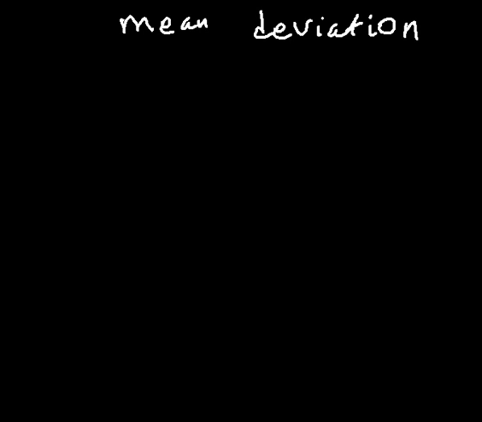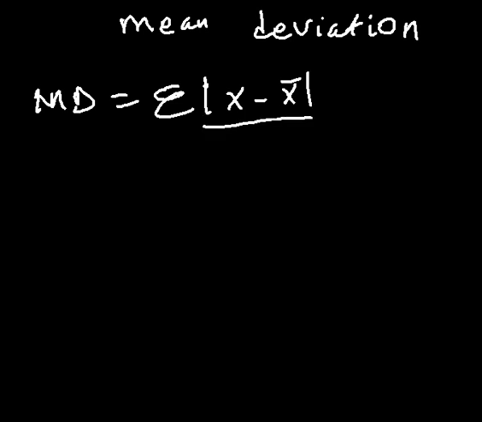Basically, the mean deviation is given as the summation of the absolute values of x minus x bar, divided by n, where n is the same as the summation of the frequency. So this is the formula for the mean deviation.